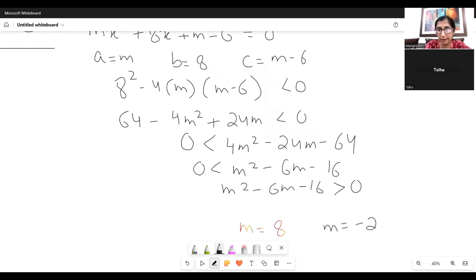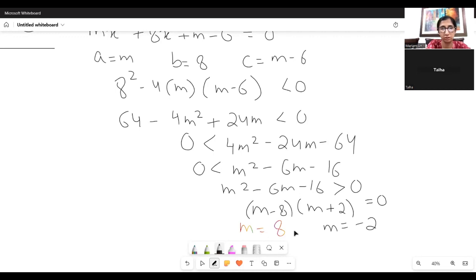Now I'm going to send 8 to the other side, m minus 8 bracket, and -2 to the other side, m plus 2 in the bracket, or you do proper factorization like you learned in O levels, and greater than 0 or equals to 0 here, because we're finding critical values first, or the roots first. So the answers are 8 and -2.